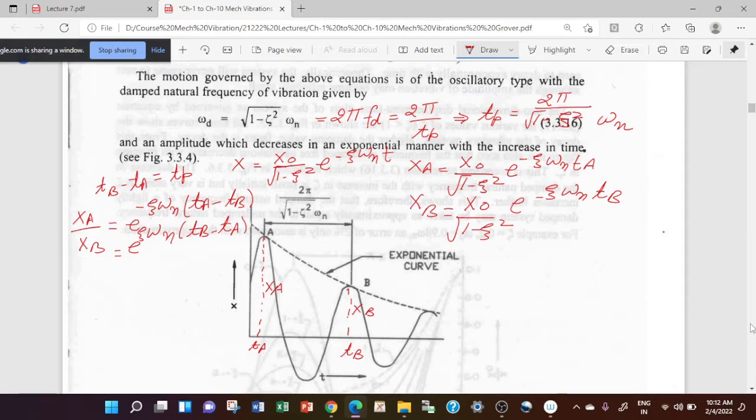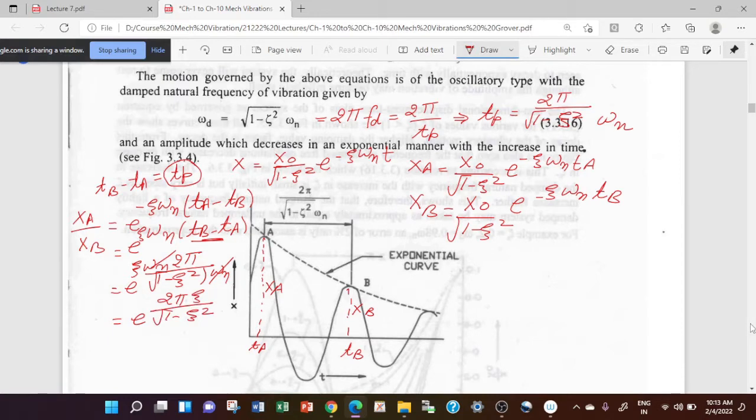Now TB minus TA is equal to TP, the time period, given by this value. So I can write e raised to power zeta omega n times 2 pi upon square root of 1 minus zeta square into omega n. This cancels out. It becomes e raised to power 2 pi zeta upon square root of 1 minus zeta square.